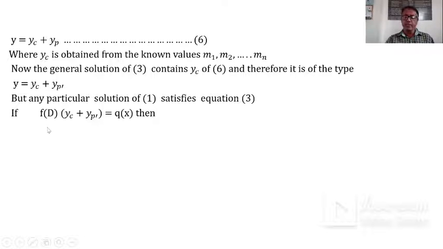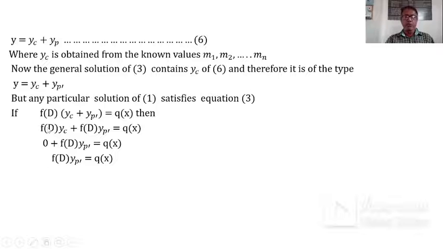We simplify this left hand side. We obtain f(D) of yc + f(D) of yp' = q(x). Now we know that f(D) of yc is equal to 0, since it is the solution of f(D)y = 0.